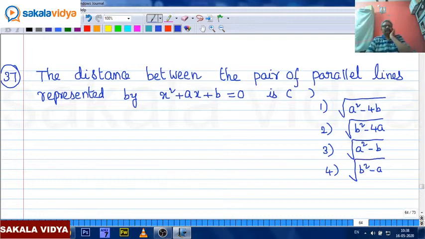So this is the question. So distance between the parallel lines we need to find out.